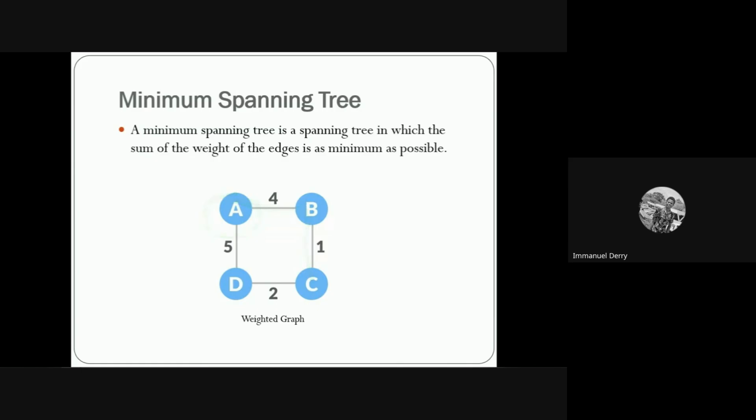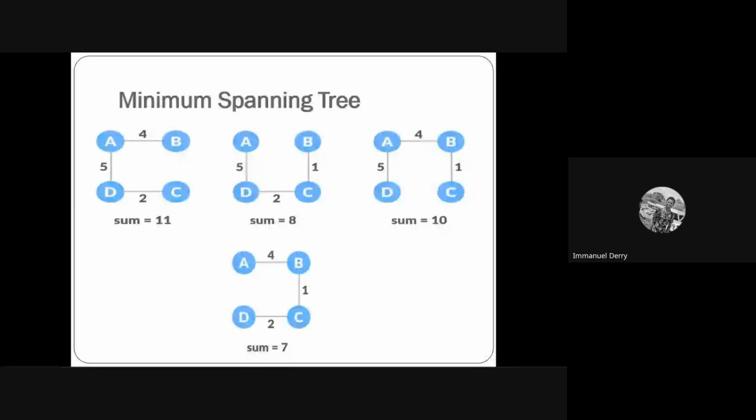Now, from this particular tree, this is a spanning tree you can get from here. So we have a minimum spanning tree. We have this one as one of them, and the sum of the weight is 11. Similarly, we have this one also, and the sum of the weight is 8.